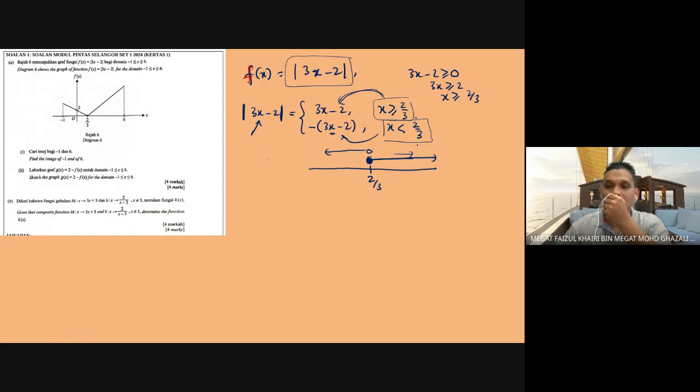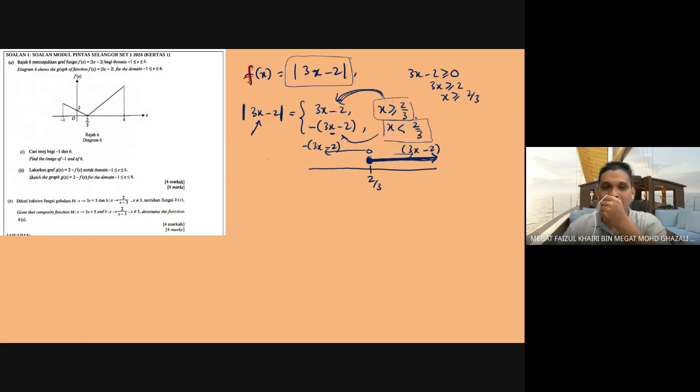So this domain refers to the function of x more than or equal to 2 over 3. I'm using a number line, and this is from the statement. And this domain refers to the function of 3x minus 2. And then for x less than 2 over 3, this is the domain for the function of negative 3x minus 2.